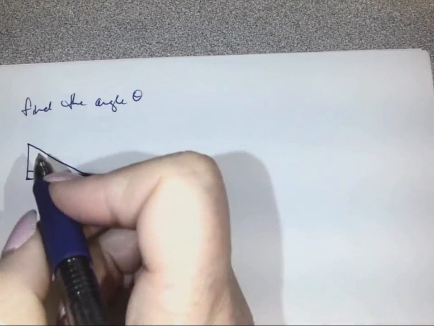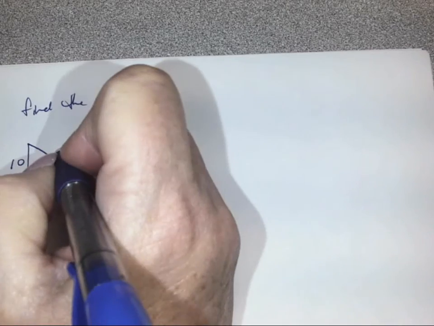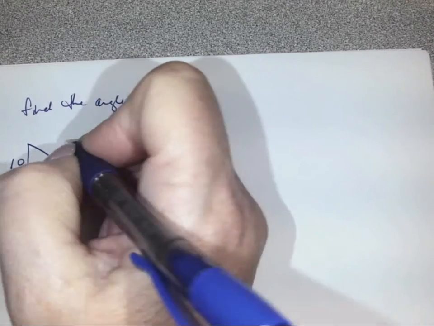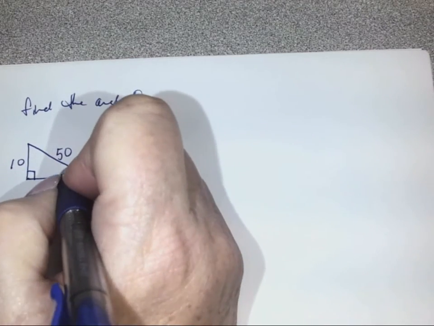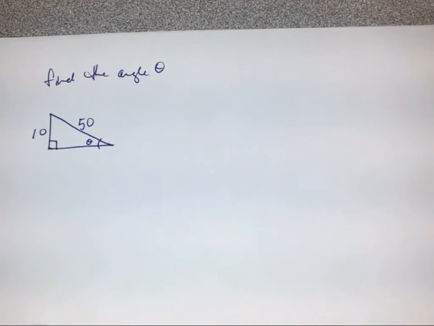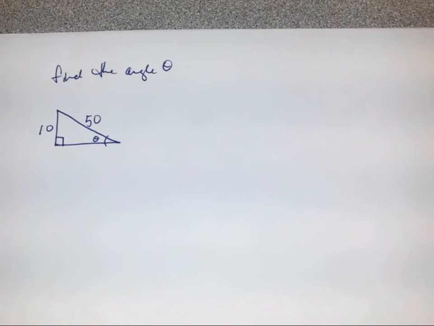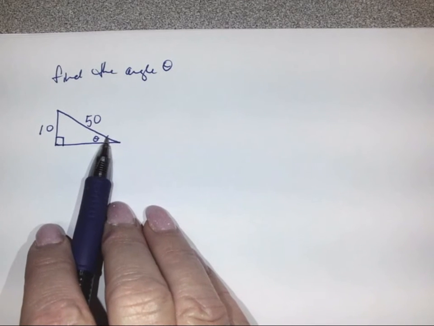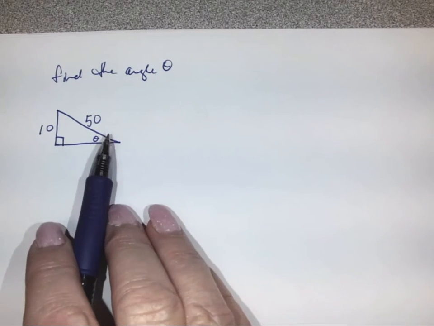We've got a right triangle with a side of 10, a hypotenuse of 50, and we want to know what our theta is. So we're going to use the skills that we've learned on our inverse trig here. So theta is going to be, we need to figure out what we can use with.